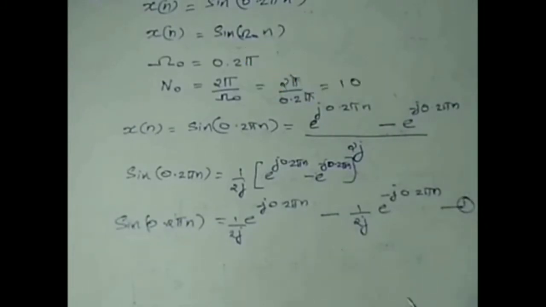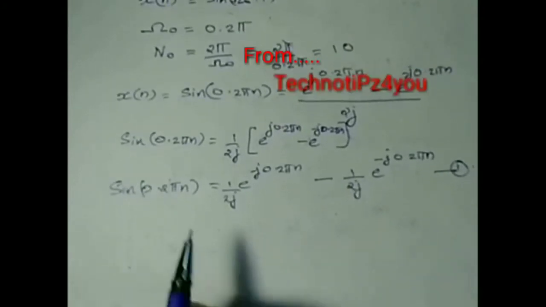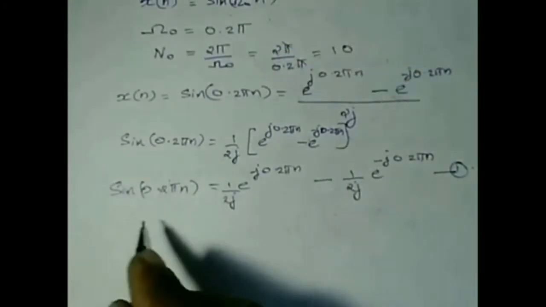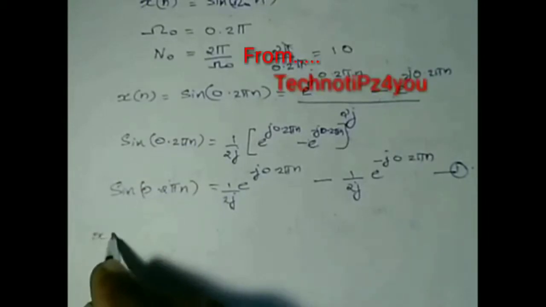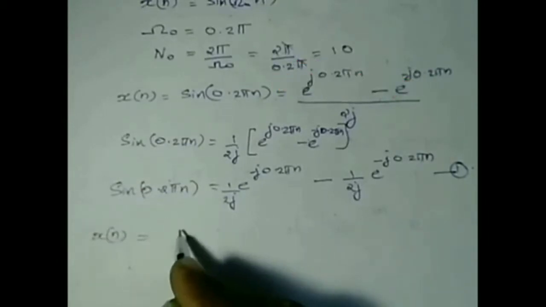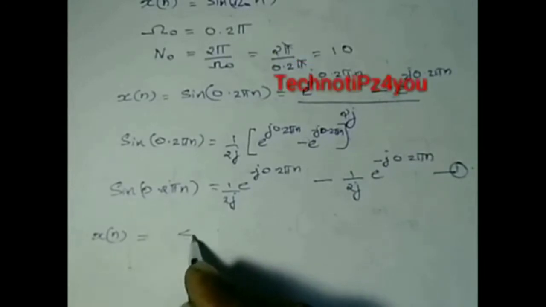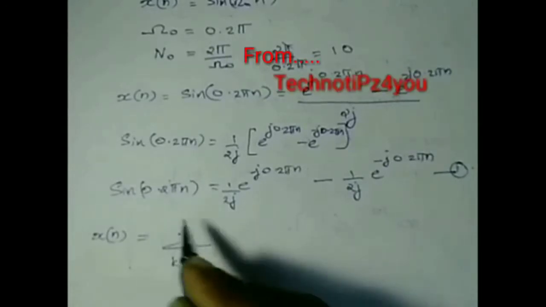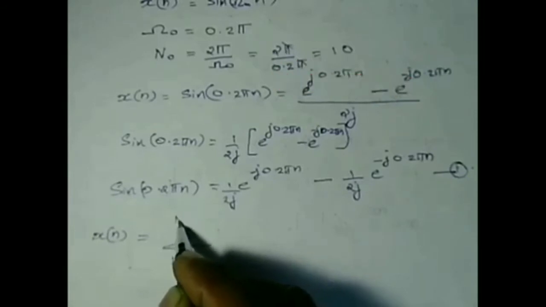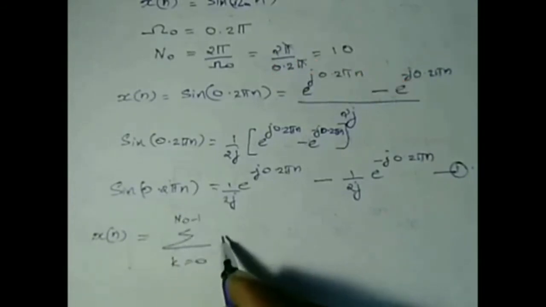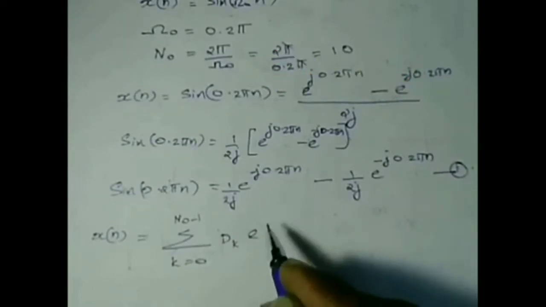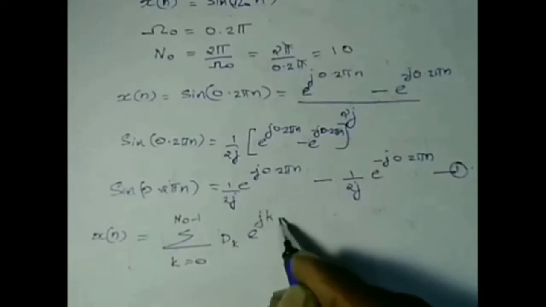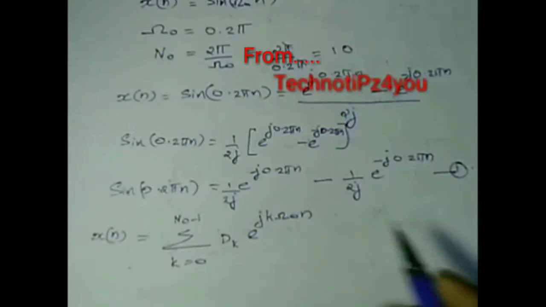Now we are going to write down the equation for the discrete time Fourier series of x of n. x of n is equal to the basic equation: sum from k equal to 0 to n0 minus 1 of d suffix k e raised to j k omega 0 n.